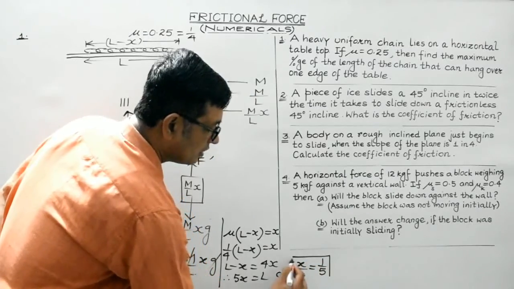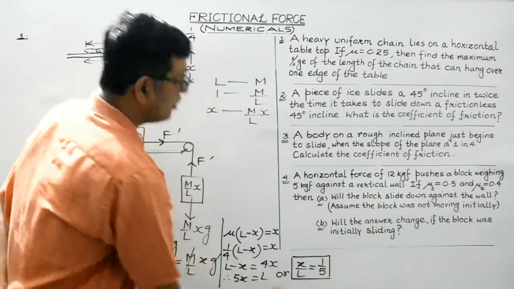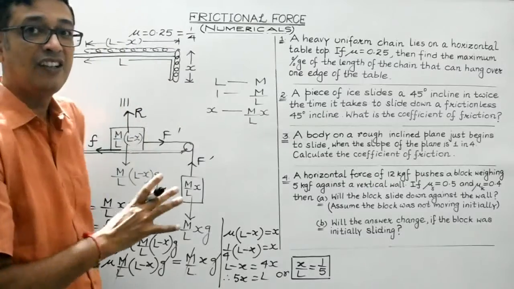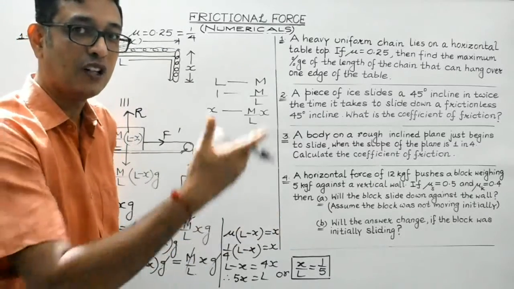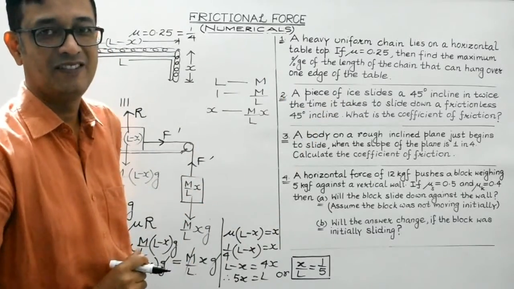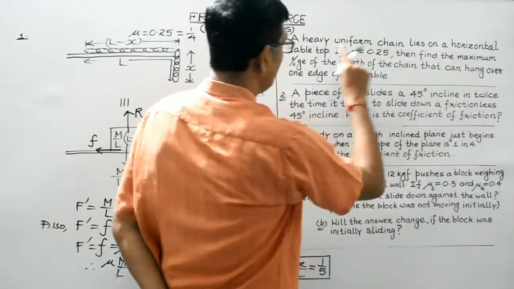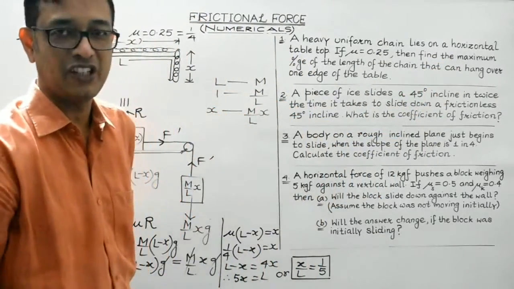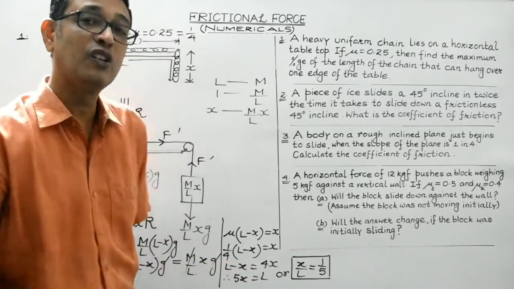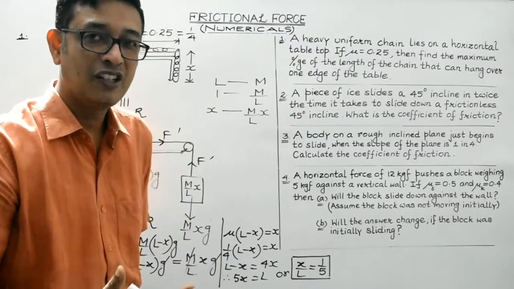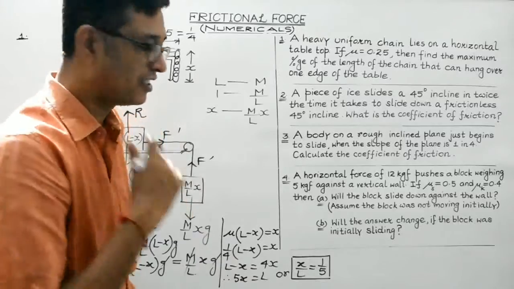So students, this is the fraction of the length of the chain which can hang over one edge of the table. But here we are supposed to find the maximum percentage of the length of the chain. In order to convert the fraction into a percentage, we multiply by 100.